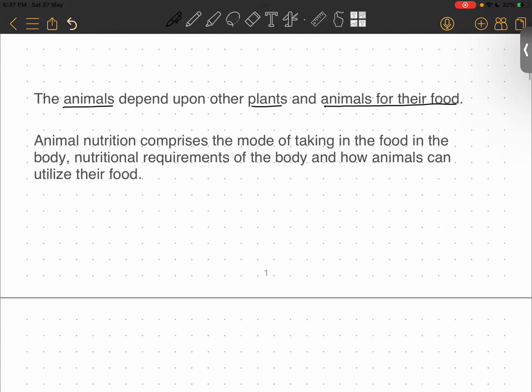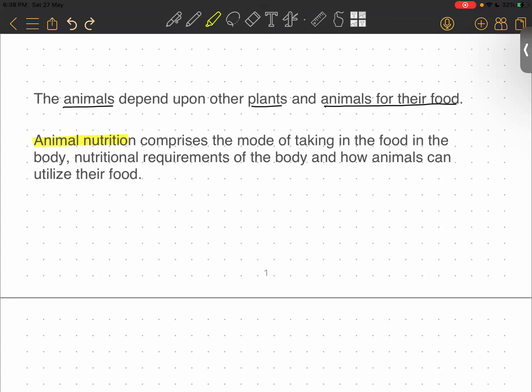Animal nutrition is the process of taking in food by an animal and how this food is utilized in the body of the animal to derive energy from it.